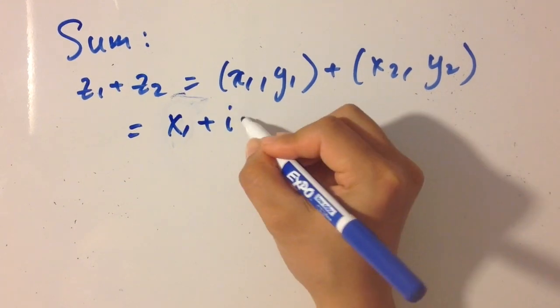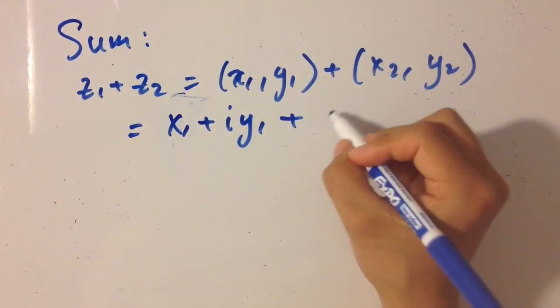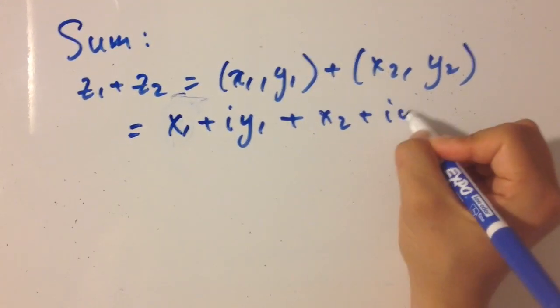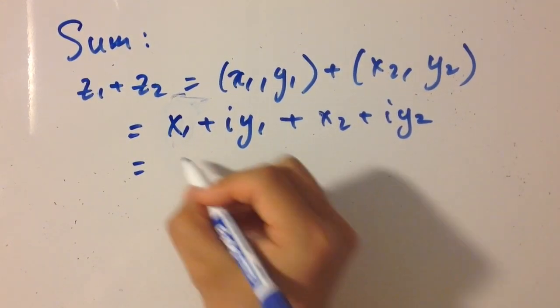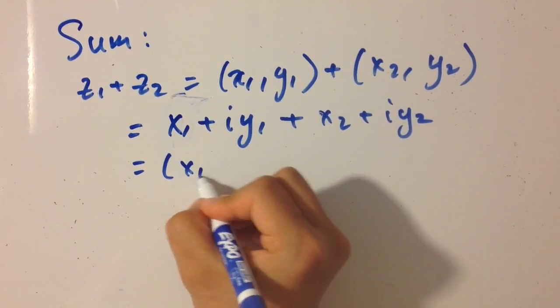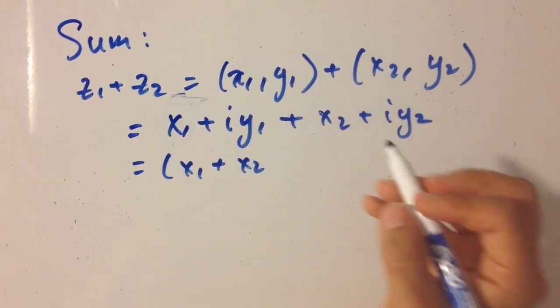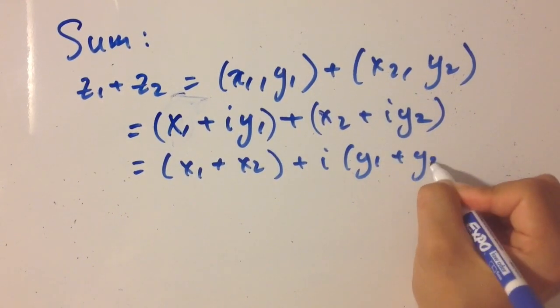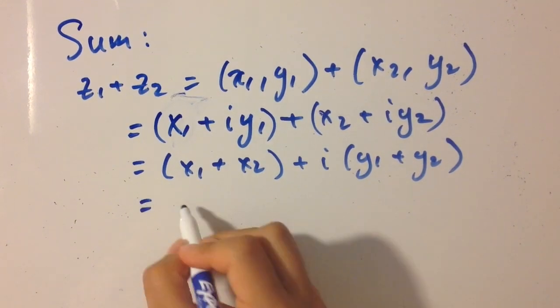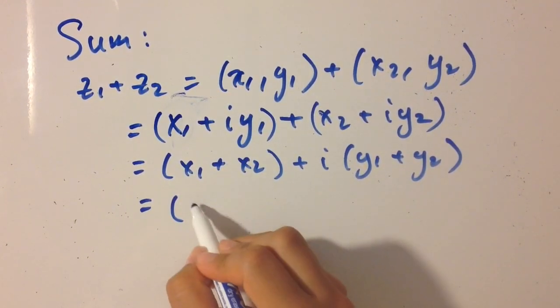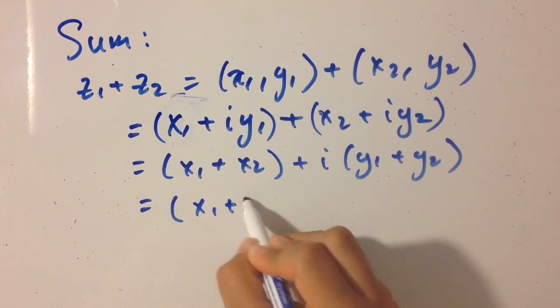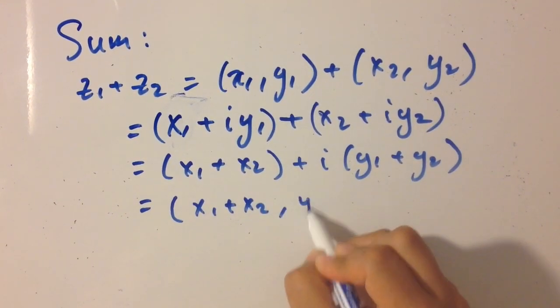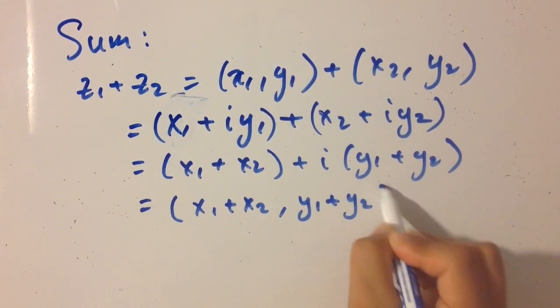We get x1 plus i y1 plus x2 plus i y2. Rearranging terms and grouping them, we get x1 plus x2 plus i times y1 plus y2. So we have that the sum of two complex numbers is still quite straightforward, unlike the product.